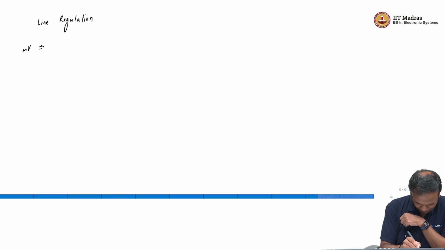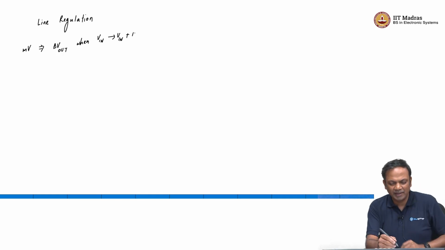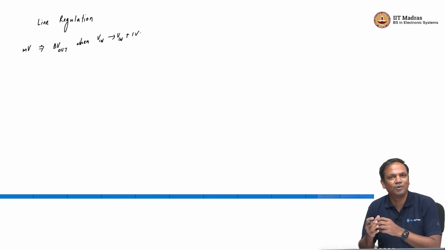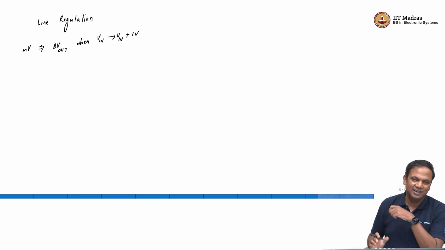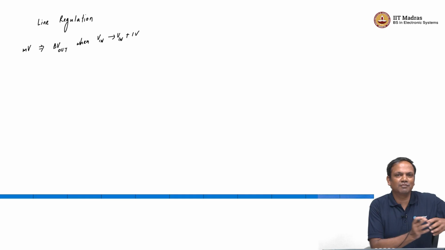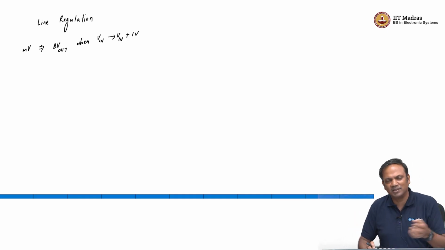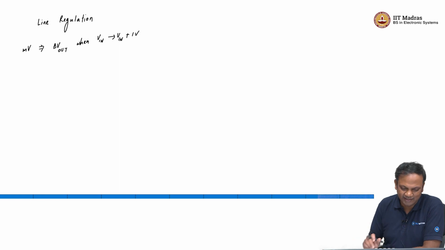It is defined as the change in the output voltage when the input voltage is increased by 1 volt. This tells you why some people measure it in millivolt per volt, because you are changing the input supply by 1 volt. So, it is the amount of millivolt change when you change the input supply by 1 volt. Some people refer to it in millivolt, some in millivolt per volt, they are the same thing.